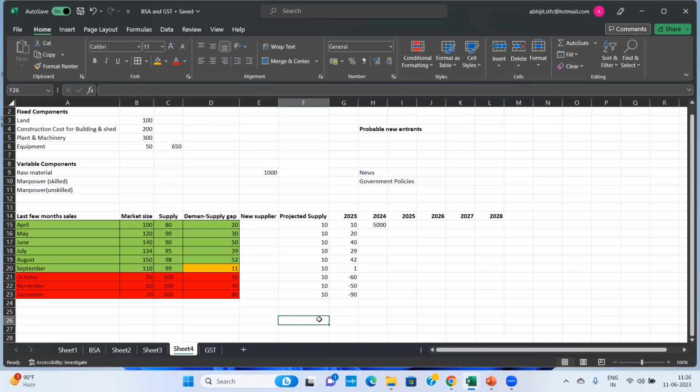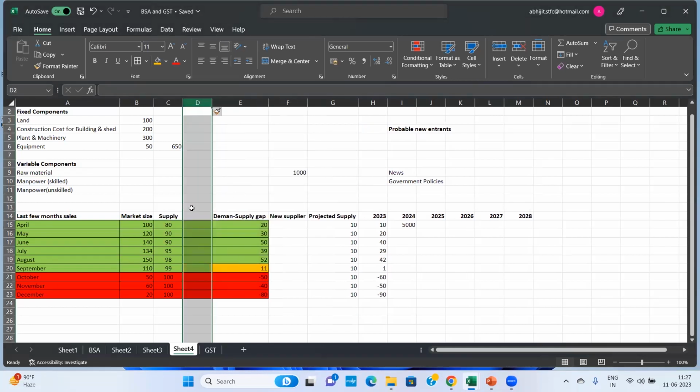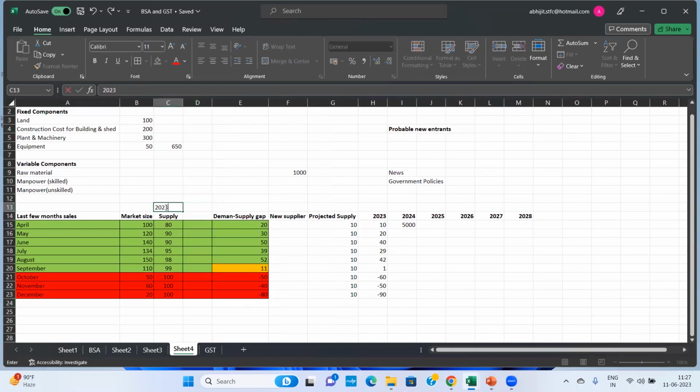So when I call it a thumb estimation, that says, you know, this many number of players are operating, or this is my supply. Every year, you do a 20% increase of this. So this is for 2022. For 2023, probably my supply figures will increase by 20%.